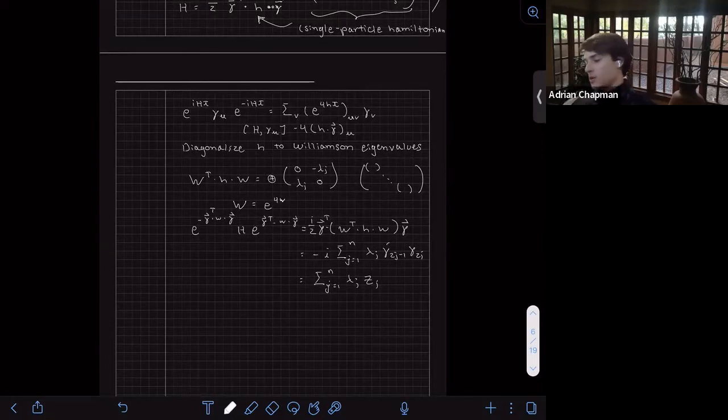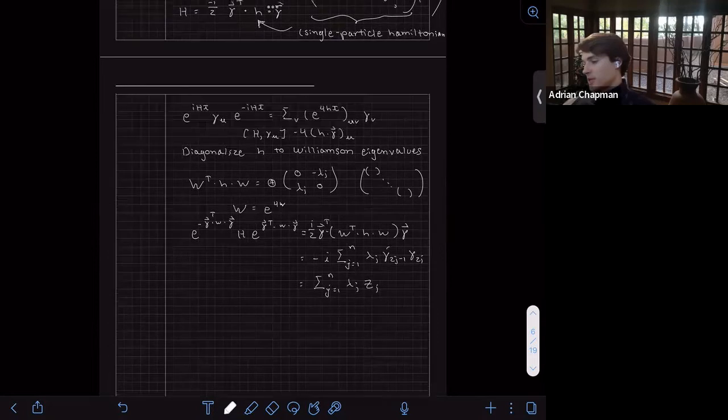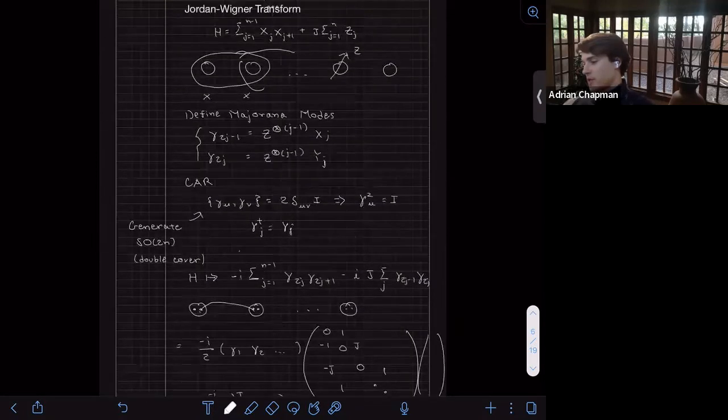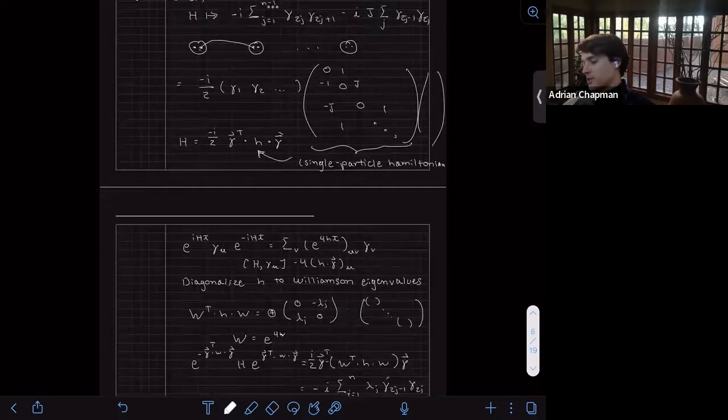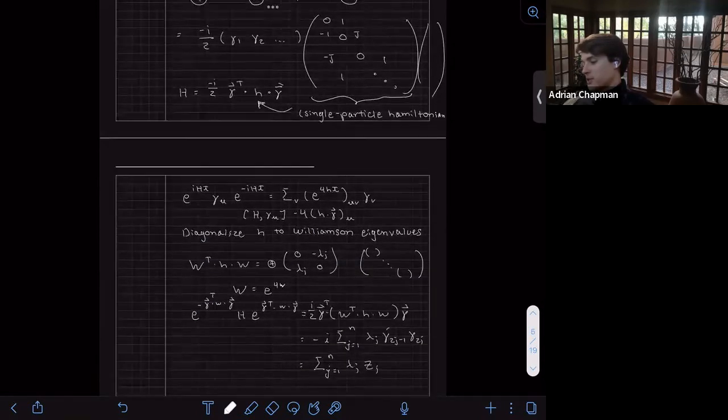So what this shows is that anytime I can find a set of effective modes, some notion of a fermion under which the Hamiltonian can be mapped to a quadratic in the free fermion modes, I can algebraically construct a diagonalizing unitary which brings the Hamiltonian to diagonal form. And in fact, the diagonal form also has the property that it's a classical paramagnet in the diagonal basis.